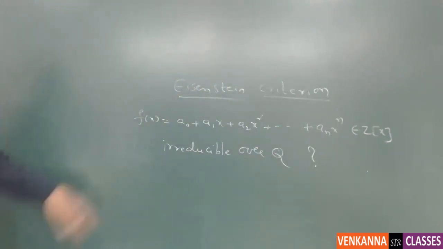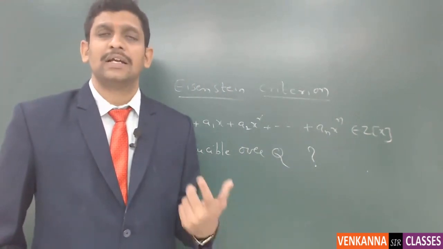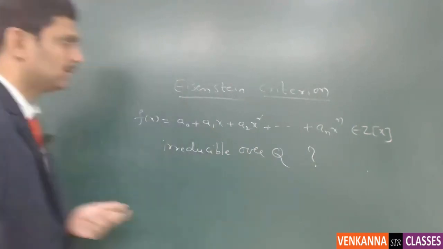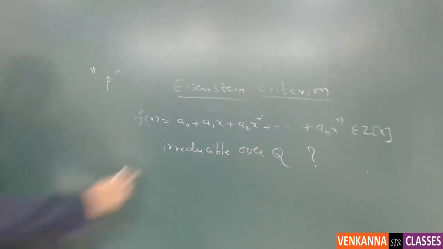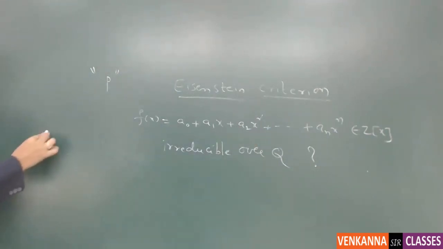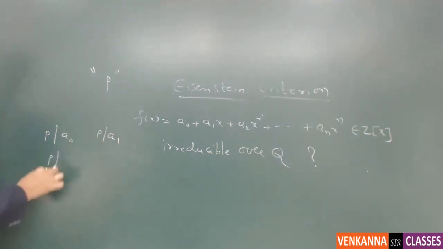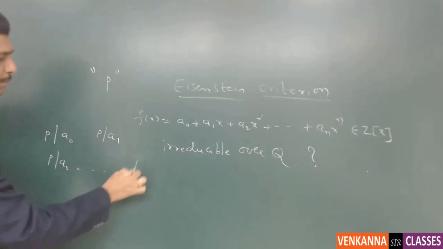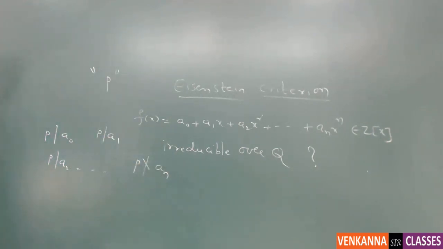So the Eisenstein criterion says that if you are able to find at least one prime number p such that p divides the constant term, p divides a1, p divides a2 and so on, p should not divide the leading coefficient, and p square should not divide the constant term.